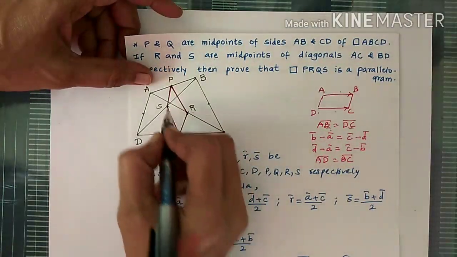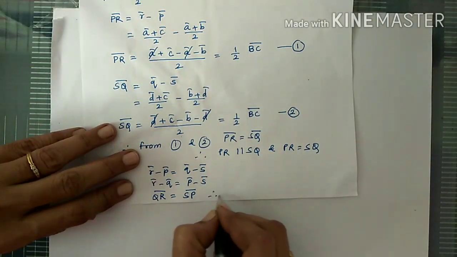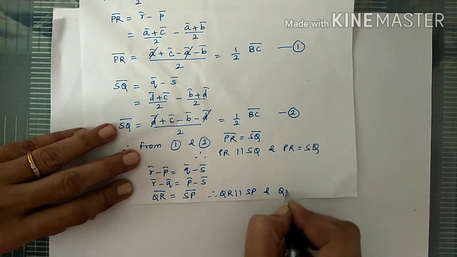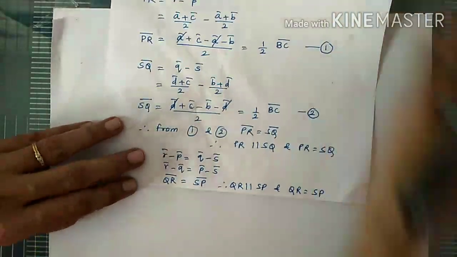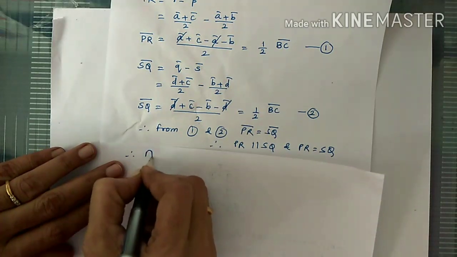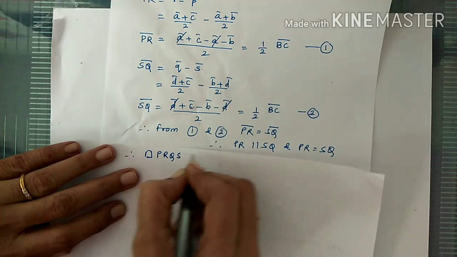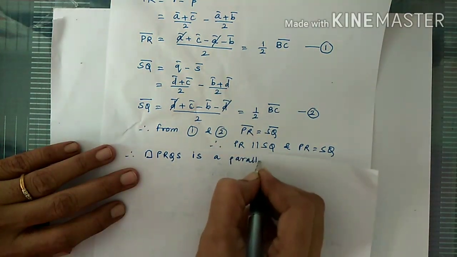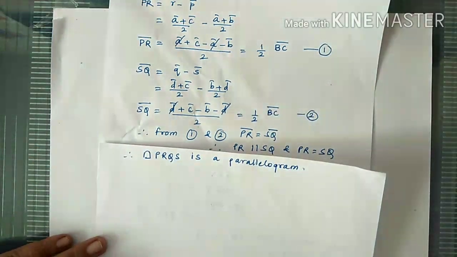So again we have QR parallel to SP and QR equal to SP. Therefore the quadrilateral PRQS is a parallelogram. So this is the proof, application of midpoint formula.